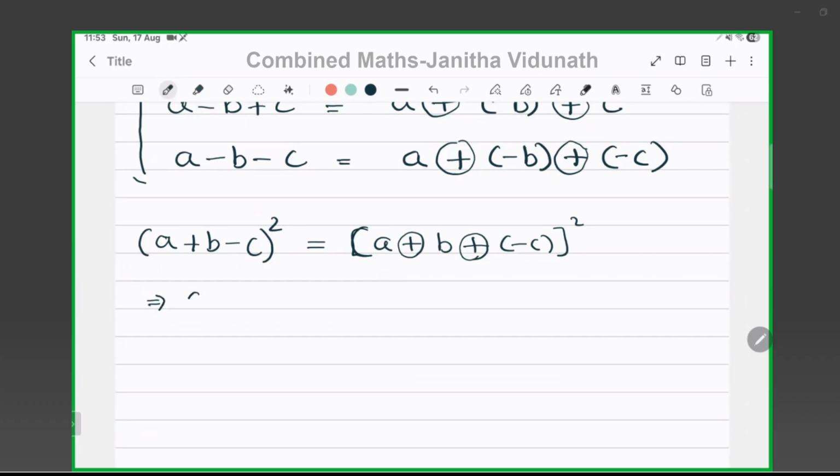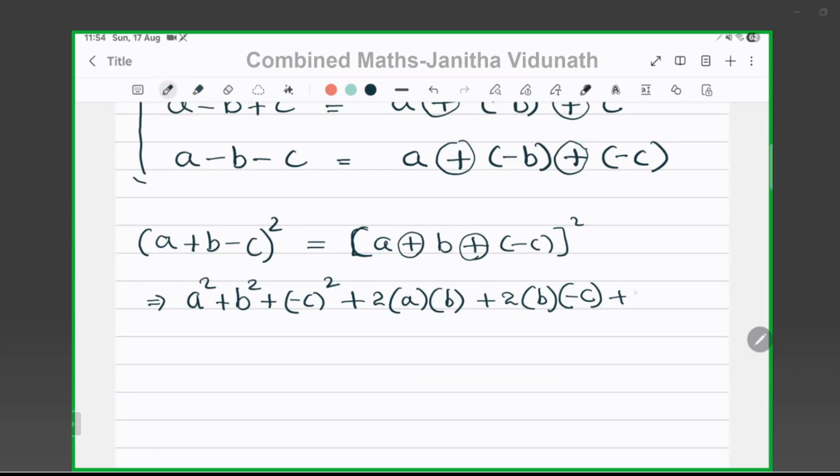It is square of the first term, square of the second term, square of the third term. Then plus 2 times first term times second term. Then plus 2 times second term and the third term.